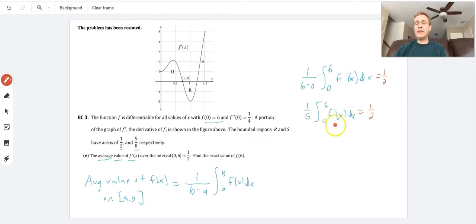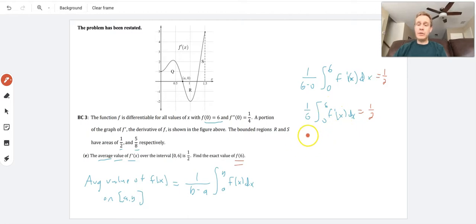To bridge the gap from this average value calculation to solving for f of 6, notice that to evaluate this definite integral, one way we do that is by using the fundamental theorem of calculus, which says that we find the antiderivative of this integrand, and then plug in the 6 first and the 0 second into that antiderivative.